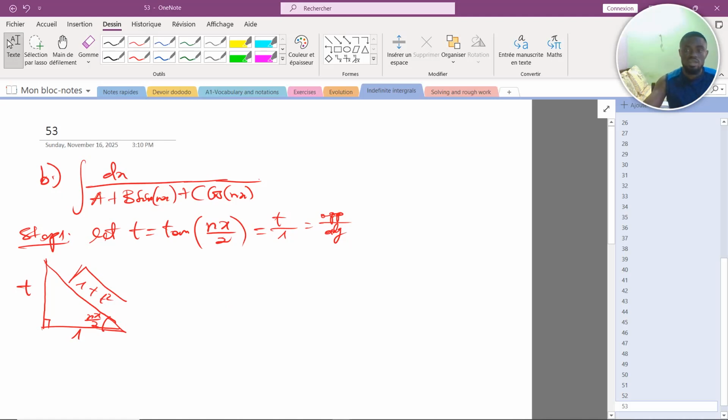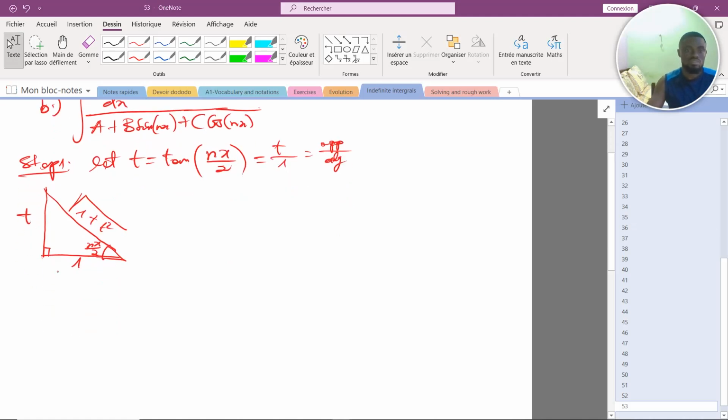Now, after doing this, step 2, what you're supposed to do is find sine nx and cos nx, and our dx that's up here.